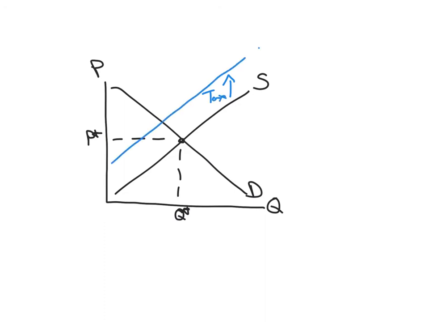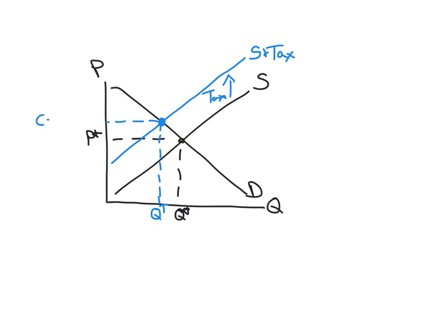And so our new supply curve is just this original one plus the tax, right? And then we see that this act will then shrink the size of the market to QT, T being tax, right? And it does this by creating a distortion in the price.